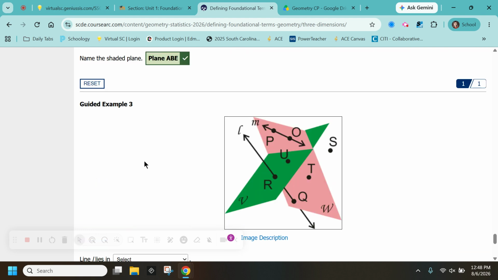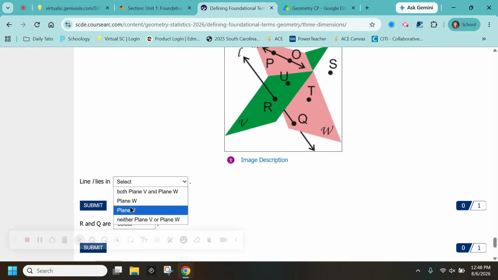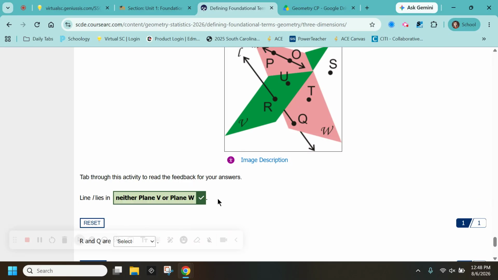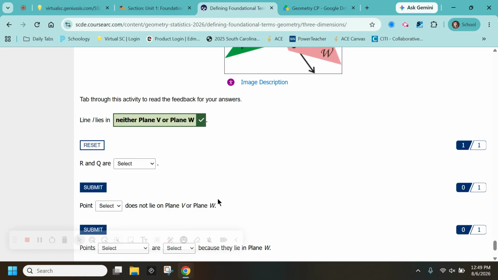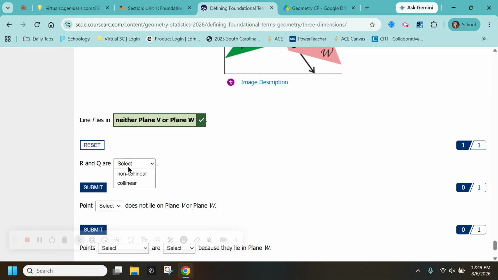In guided example 3, we've got line L. It's not completely in either of these planes. It actually just passes through plane V and plane W, so that is neither. Points R and Q are both on line L, making them collinear.